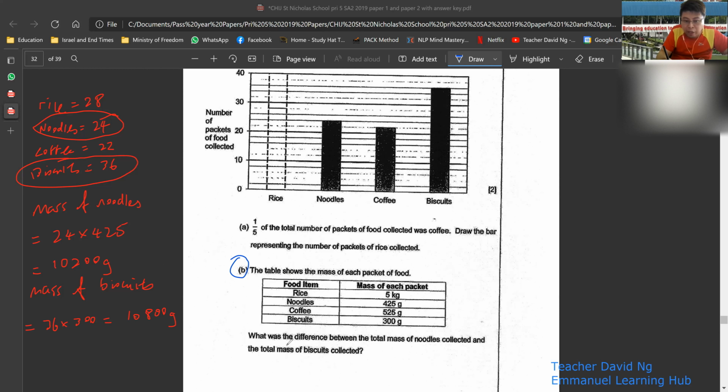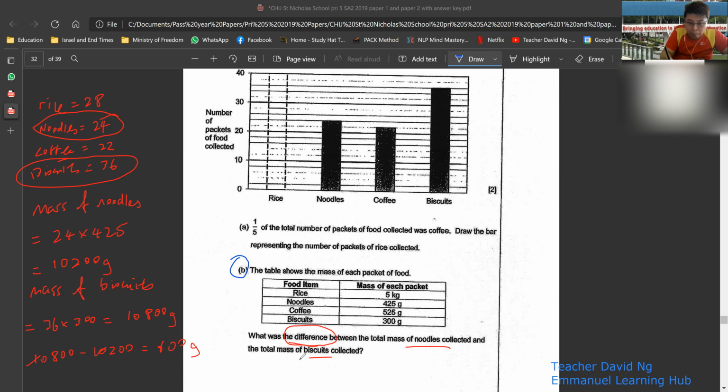Okay, the question is not asking for the total mass. The question is asking the difference between noodles and biscuits. So the difference will be 10,800 minus 10,200, which is as good as 800 minus 200, 600 grams.